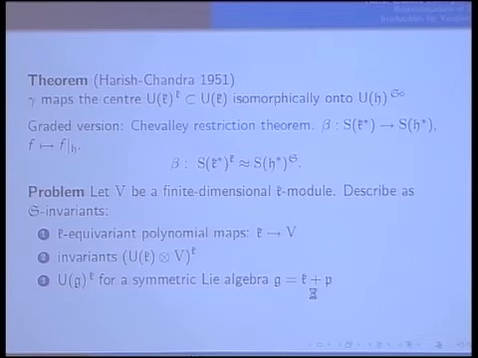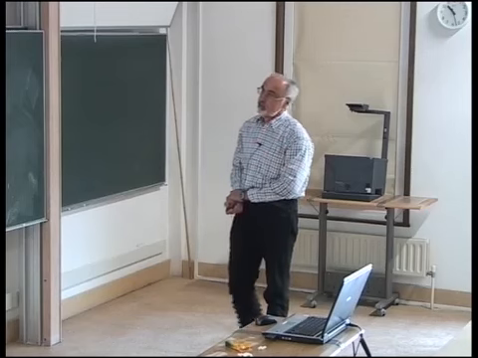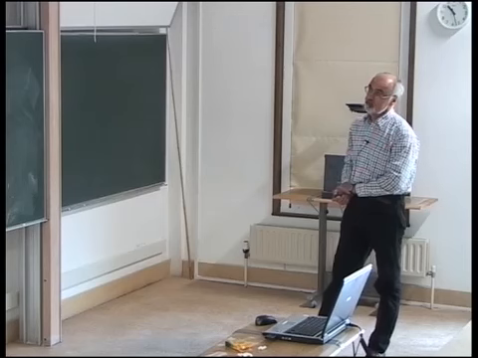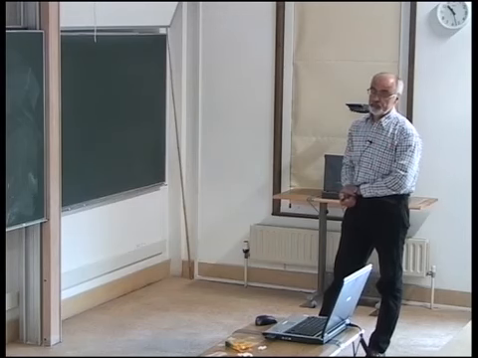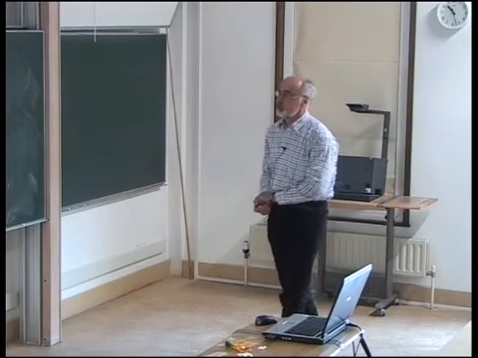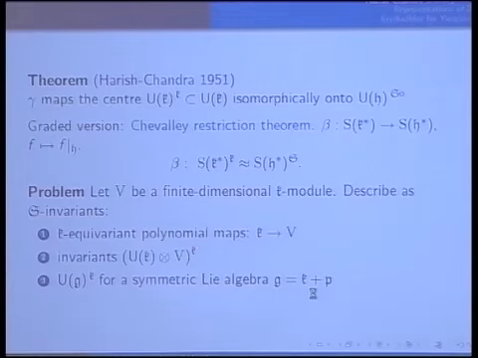Namely, I would consider, for instance, in a graded version, equivariant polynomial maps from the Lie algebra to a finite-dimensional representation of the algebra K. Another variant, which is not graded, is that I would like to describe the invariants in the tensor product of an enveloping algebra and a finite-dimensional representation of K.